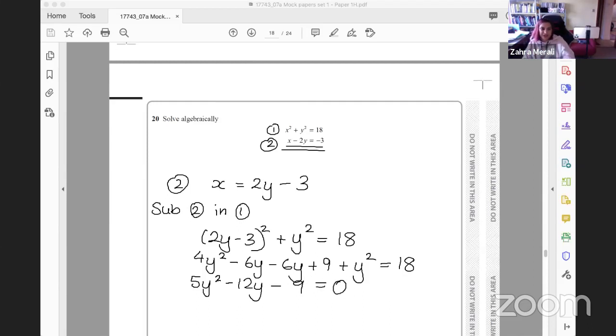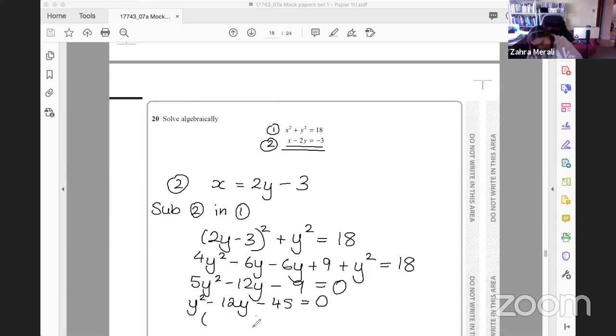You want to be able to factorize that. To factorize that easily, we give the 5 to the 9. So we get y squared minus 12y, and we do 9 times 5, so you get 45.